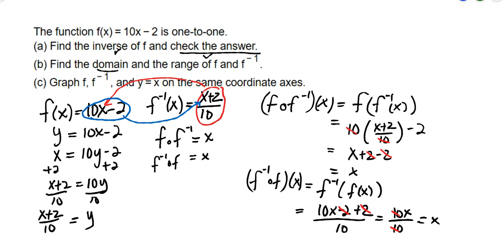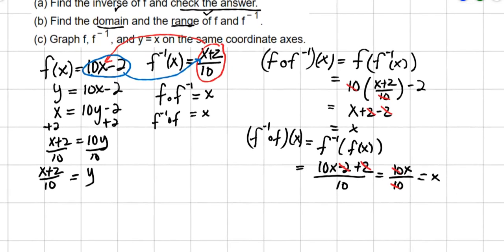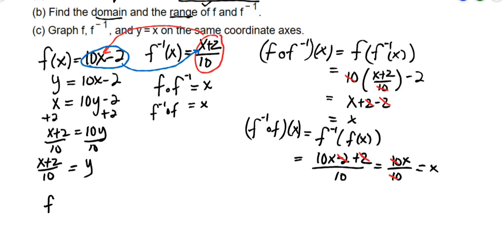Then let's find the domain and range. So starting with f of x is 10x minus 2. This is a linear function or a polynomial function, so it has a domain of all real numbers.